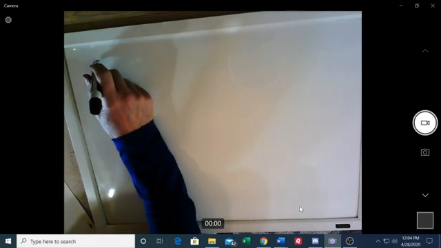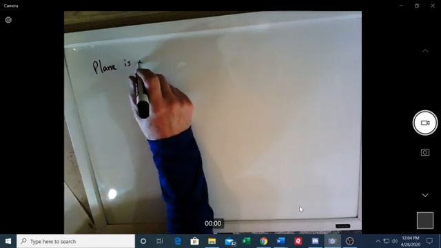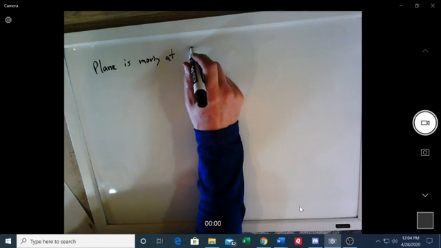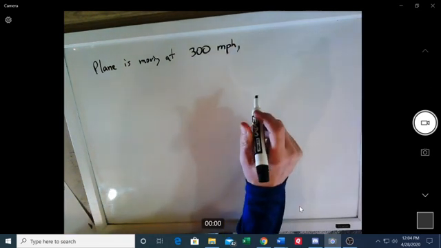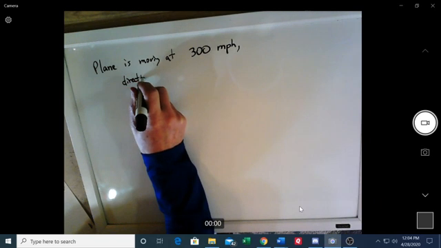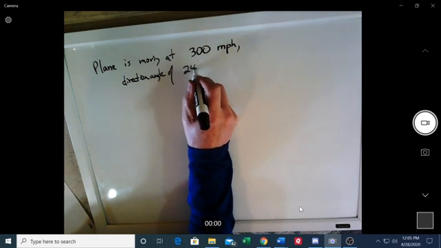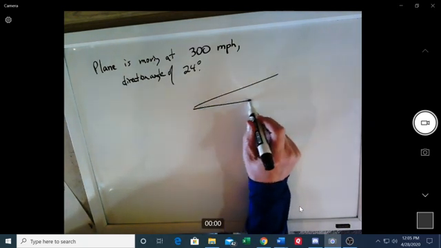So if I had, let's say, an airplane moving at 300 miles per hour, direction angle 24 degrees, it's like this.